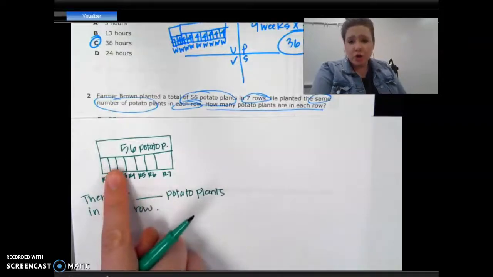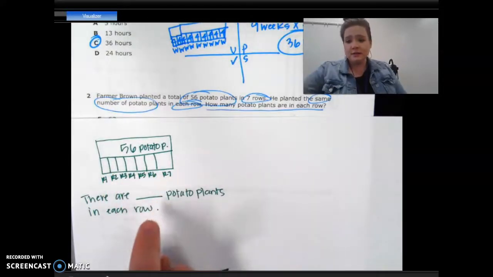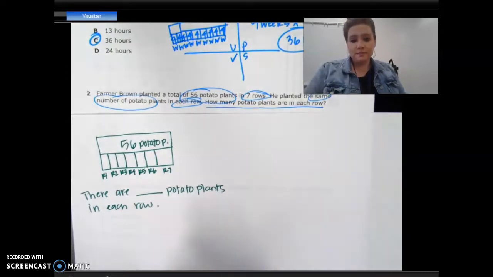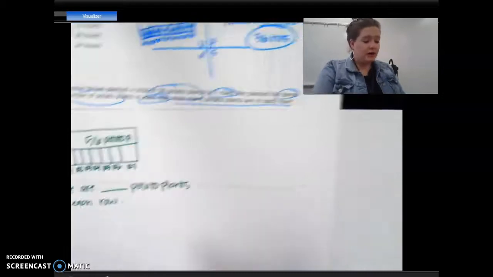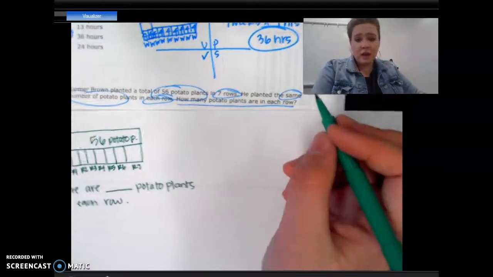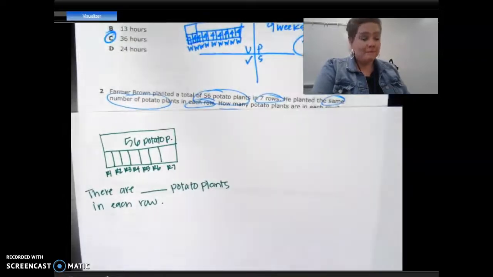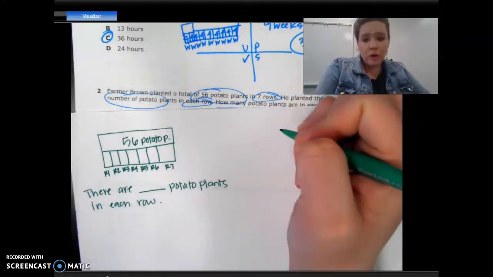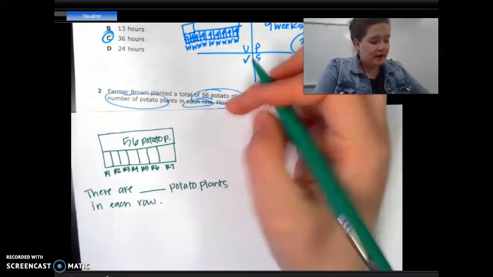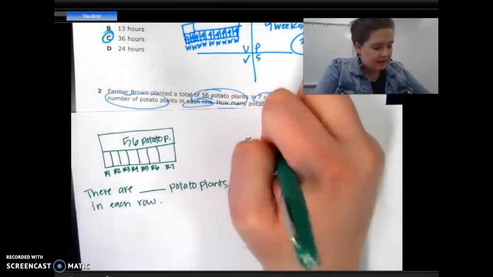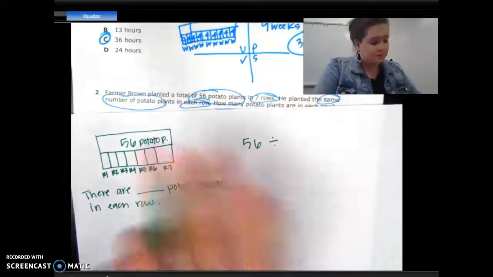So do I know how many goes in each box? No, you're right. I don't know how many goes in each box. Okay, good job. And we said, what operation is this? Yes, we said that this was division. Well, based off of my strip diagram, 56 divided by what?